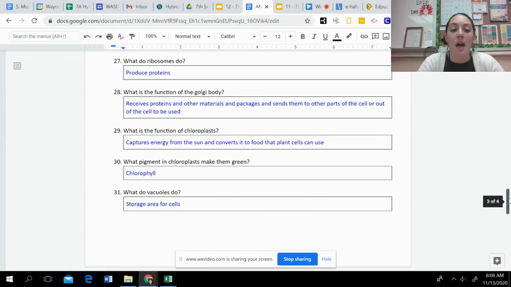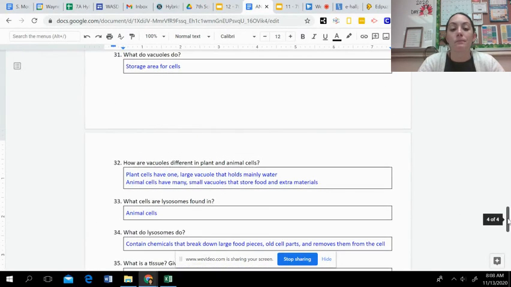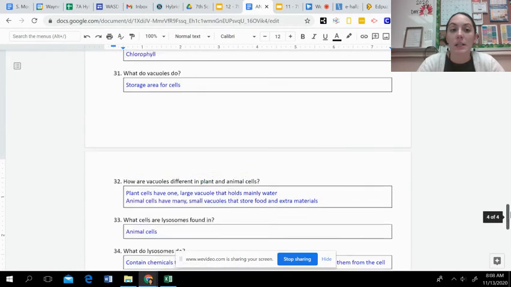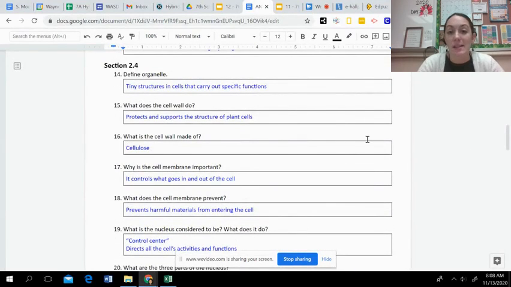Plant cells have different vacuoles. Or that animal cells have lysosomes and plant cells don't. And then the other key structure is that plant cells have that cell wall as well. So make sure you have an understanding and you can think of some sort of answer and explanation for how plant and animal cells are different.